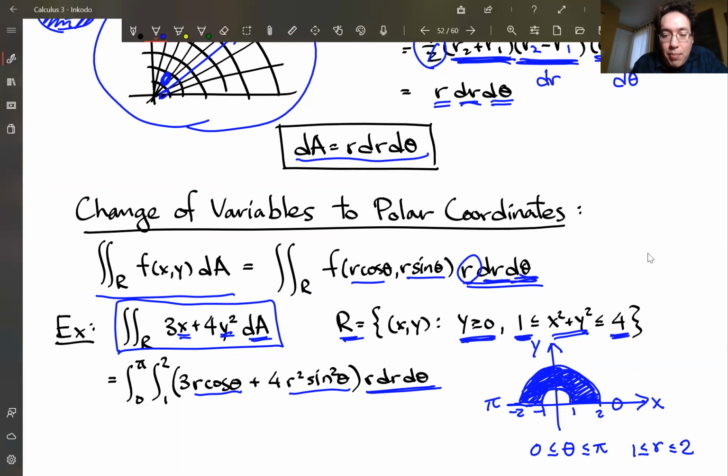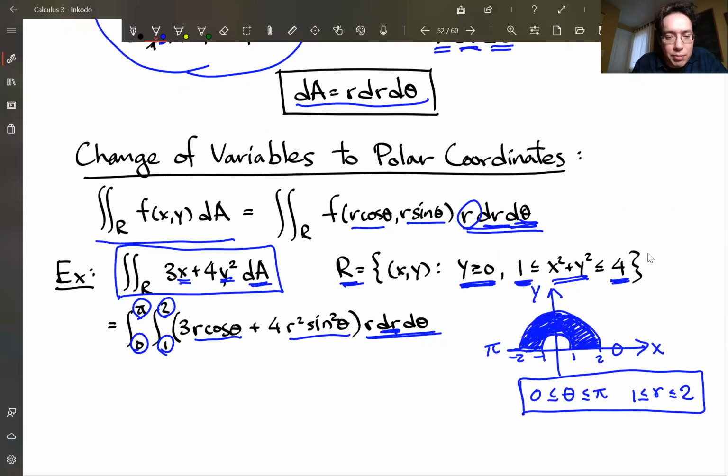The inner integral is going to be the dr, so the radius is changing from 1 to 2. Those are the lower and upper limits of the integration. And the angle theta is changing from 0 to pi. That's what we got from the drawing.